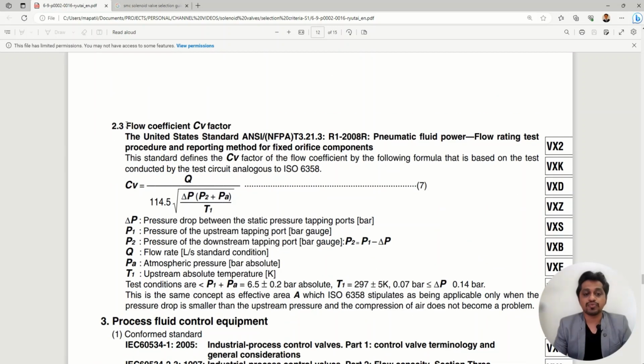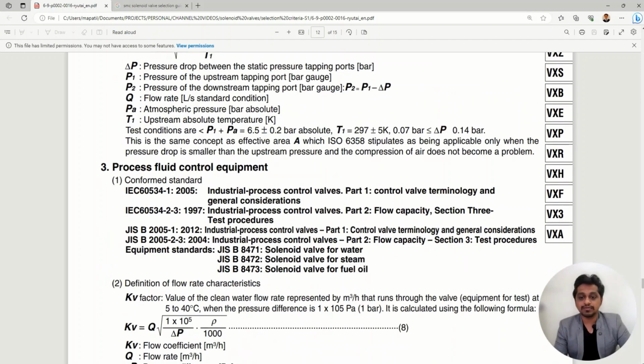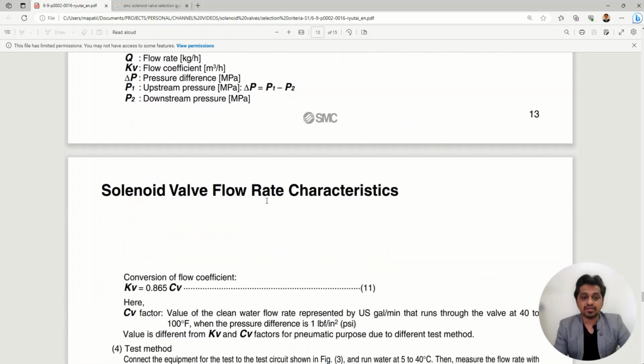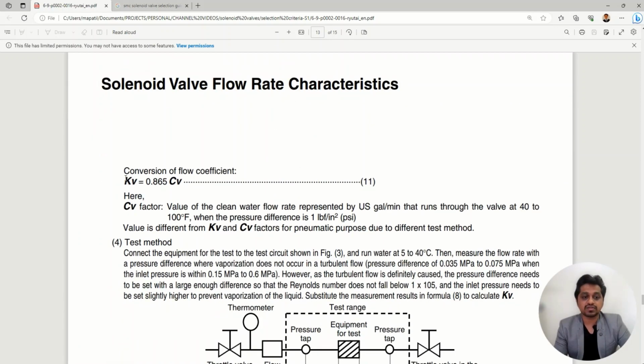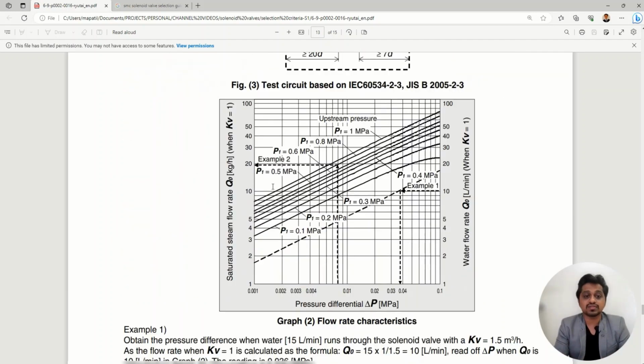Then we have the flow coefficient, the CV factor: how the CV factor has been defined, what the formula for the CV factor is, and what parameters are involved. All these things are mentioned in this PDF. This is very important, and the formulae are given for different parameters. The correlation is given for how they found this.